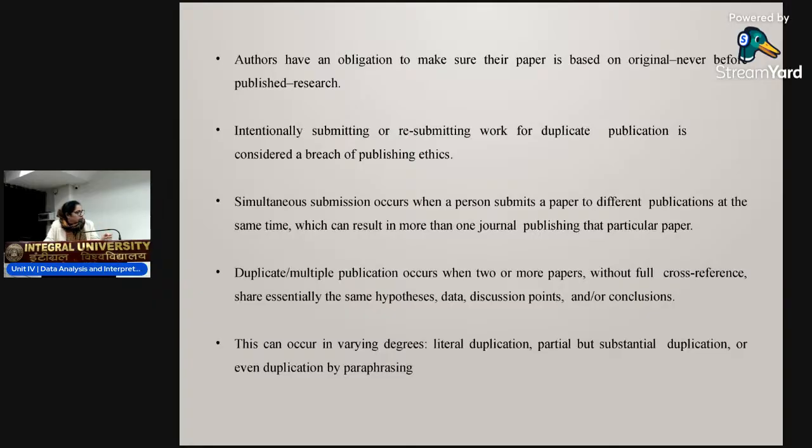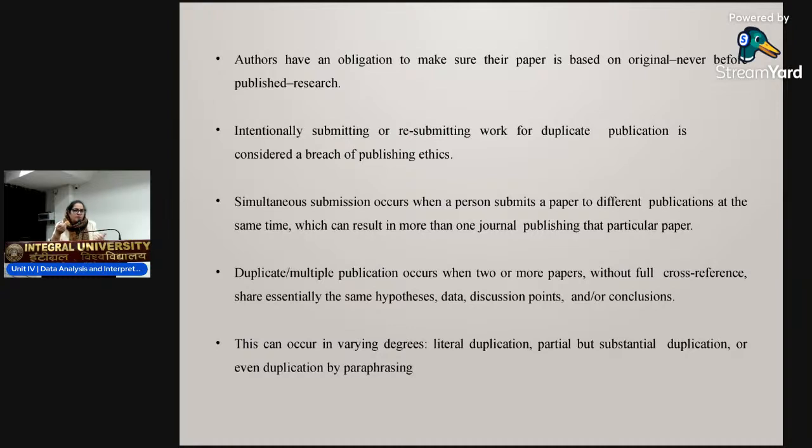Duplicate multiple publication occurs when two or more papers without full cross reference share essentially the same hypothesis. Now, sometimes it can be an honest thing also, right? Honest in the sense that there may be people thinking in the same direction. So that's not a problem, right? Why is that not a problem?